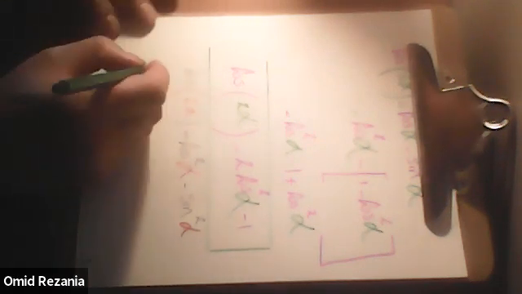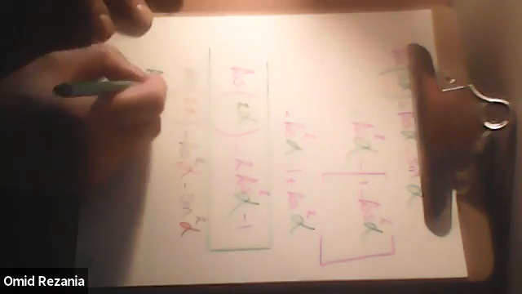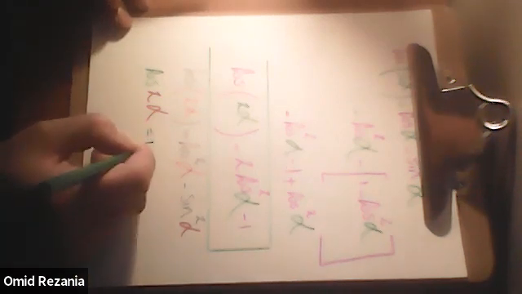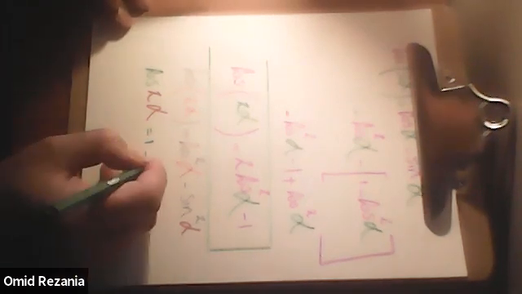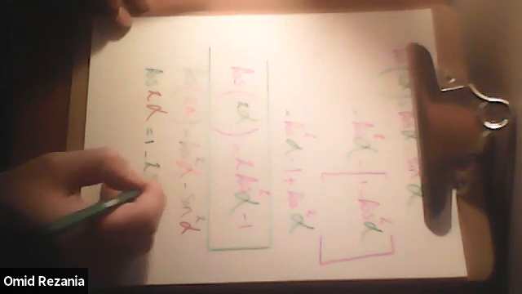And also the second identity was this. We said that the cosine of 2 alpha, is it clear, Linda, now? Yes. Awesome. Becomes 1 minus 2 times sine squared of alpha.